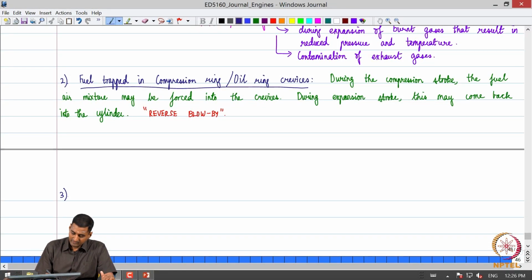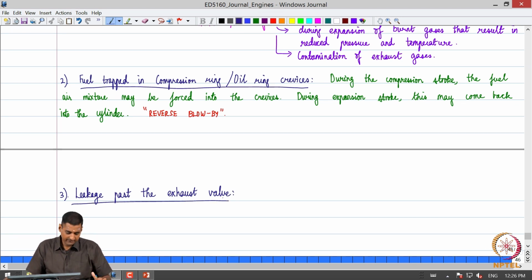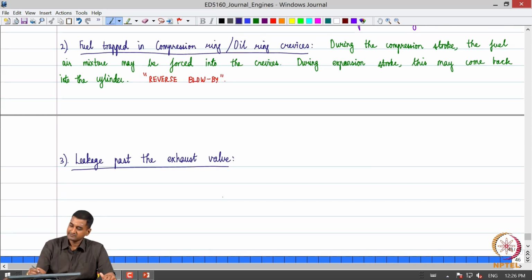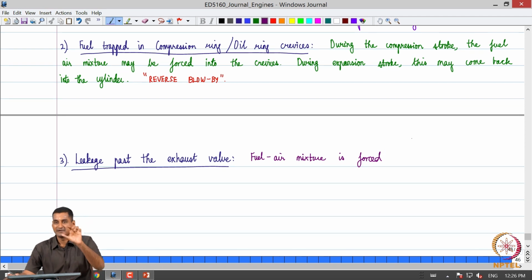Another reason for unburned hydrocarbons is leakage past the exhaust valve. Even the exhaust valve can have crevices. Fuel air mixture is forced into the crevices around the exhaust valve components, exhaust valve seats and so on.